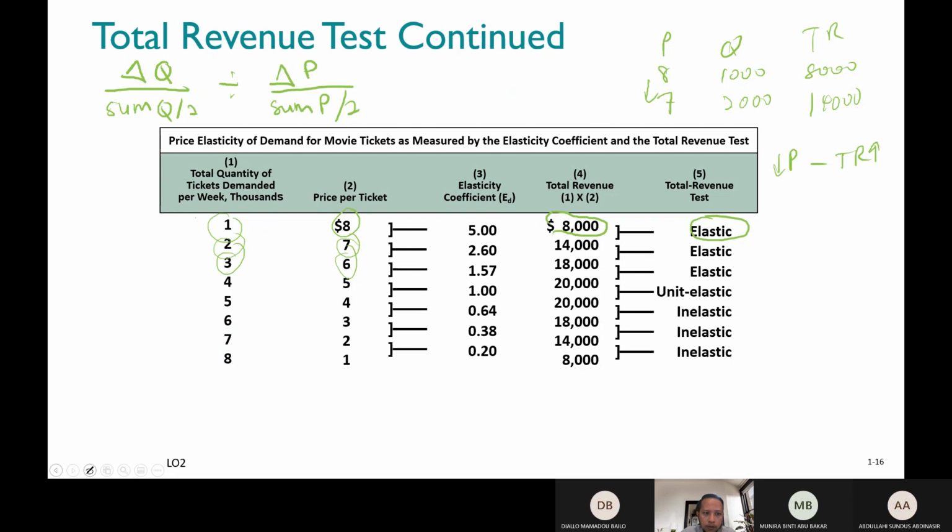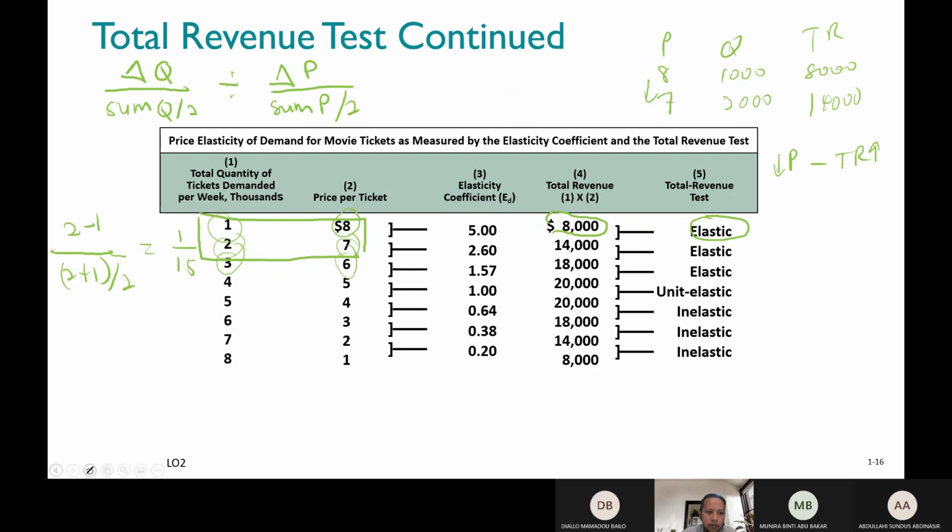So let's take this situation for example, okay. So if we use that formula, okay, so basically the quantity change is 2 minus 1, okay, over the sum of quantity 2 plus 1 divided by 2. Okay, so here you get 1 over 1.5.